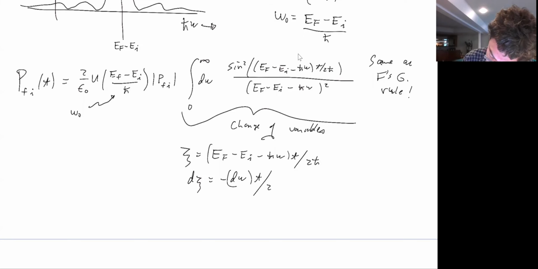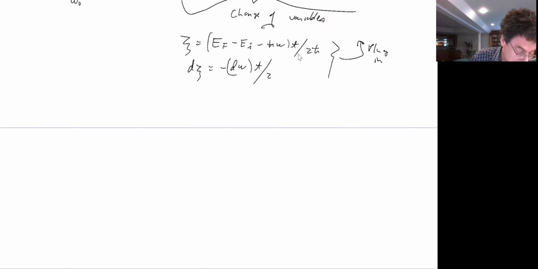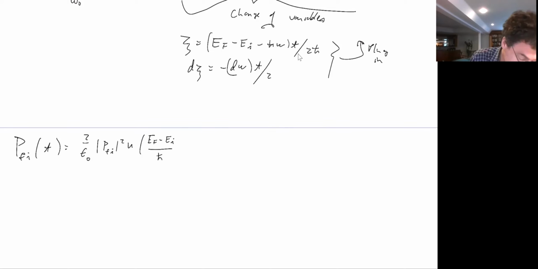Then you plug in your change of variables, and what we end up with is that the probability to have the transition from the initial to the final state at time t is equal to, plugging it all in, 2 over epsilon naught times the dipole matrix element times U over EF minus EI times t over 2h bar squared.